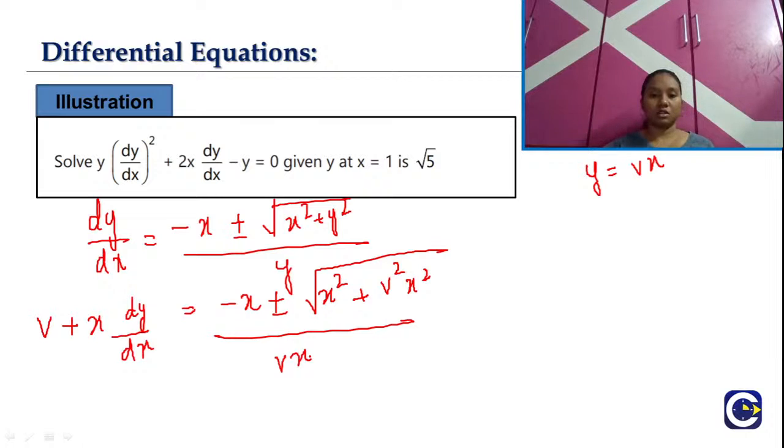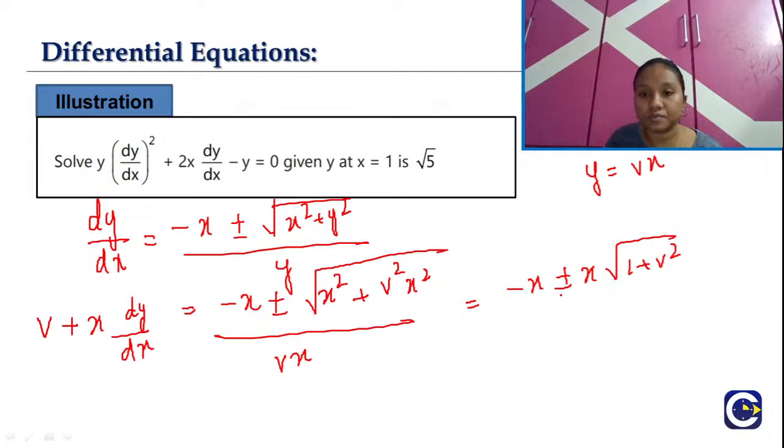We can take x common, so minus x plus or minus x root of 1 plus v square in the numerator, and vx in the denominator. The entire x term gets cancelled as it is common in both numerator and denominator.